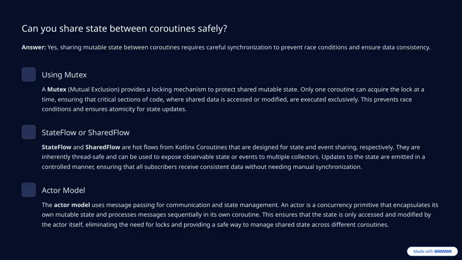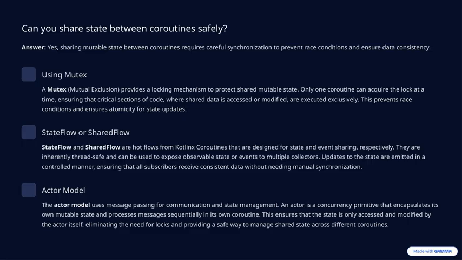Finally, there's the actor model, which is a different approach altogether. Instead of sharing state directly, actors communicate via message passing. An actor encapsulates its own mutable state and processes messages sequentially within its own coroutine. This pattern guarantees that only the actor itself can access or modify its state, removing the need for explicit locks and making concurrent state management safer and more straightforward.